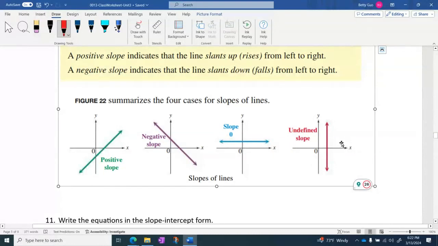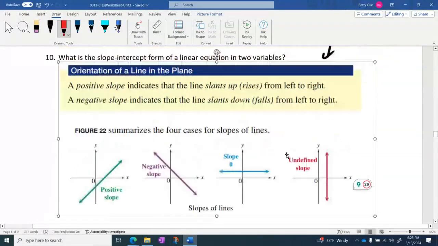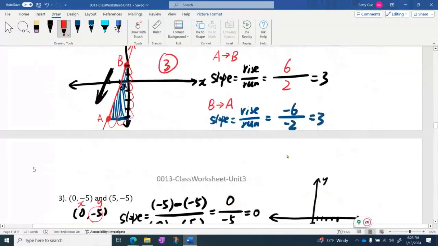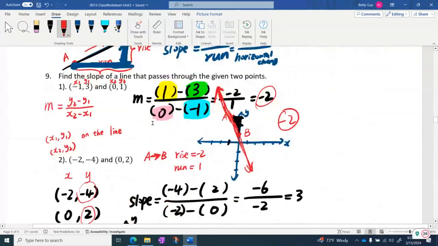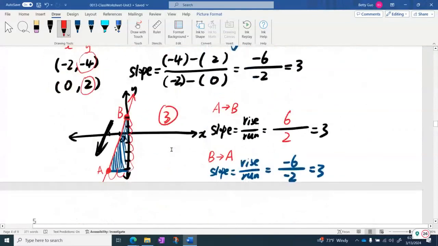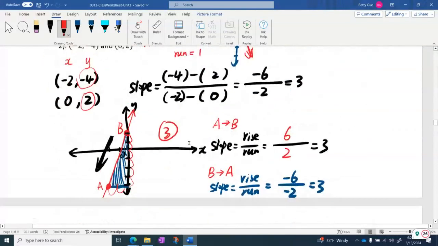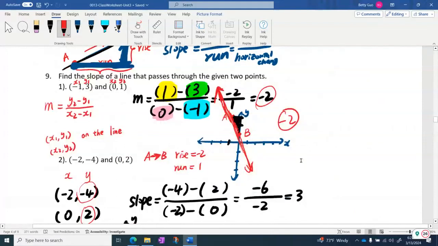That's something I want you to memorize. All right, understand and memorize. The example we just did, example 9, we actually kind of proved using examples. Understand why a declining line has a negative slope: when you run to the right and you go down, your rise is negative.